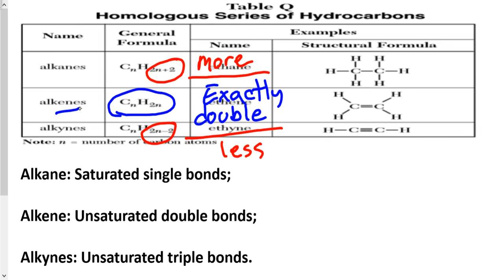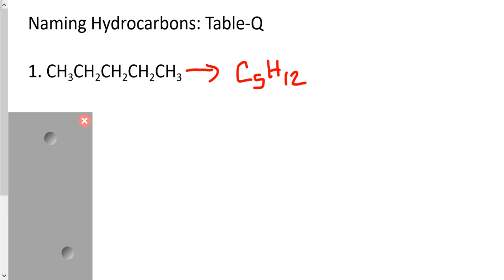So going back to our original question, here I have C5H12. I have 12 hydrogens compared to 5 carbons, and the number of hydrogens is more than double the number of carbons.